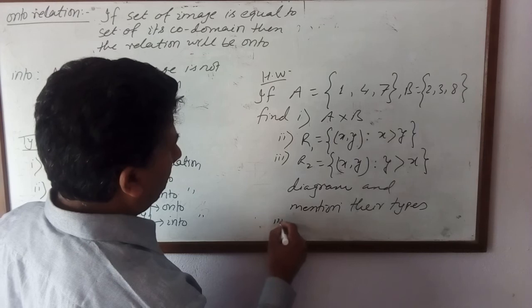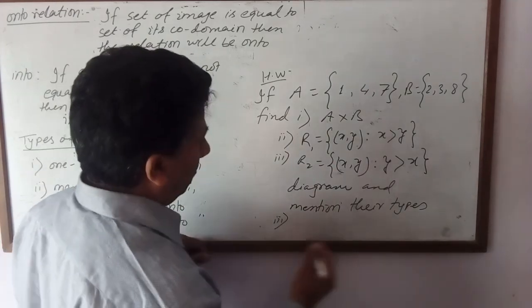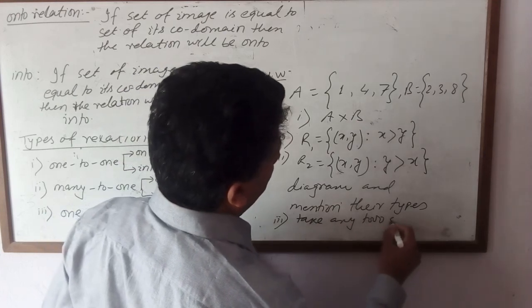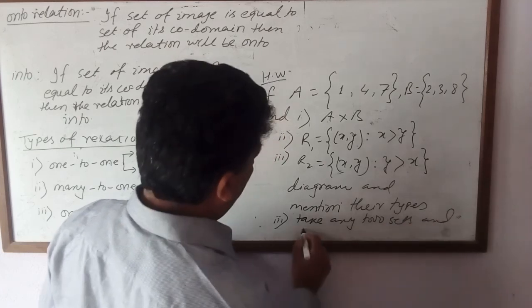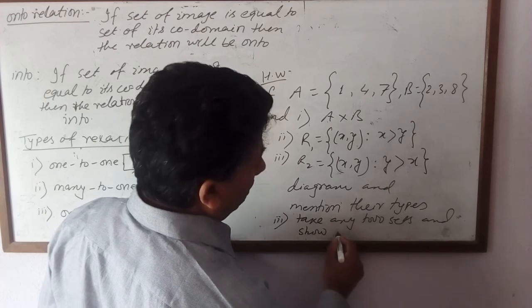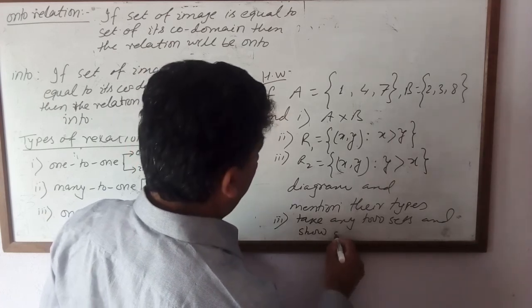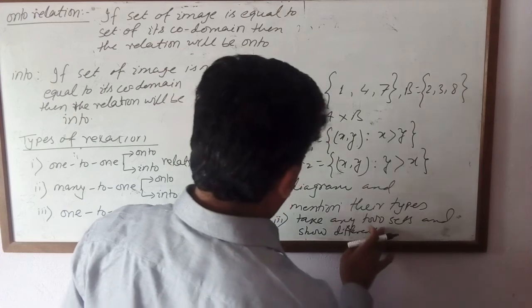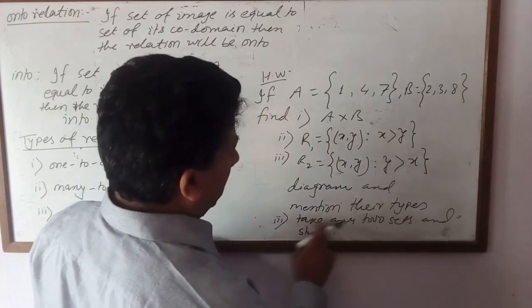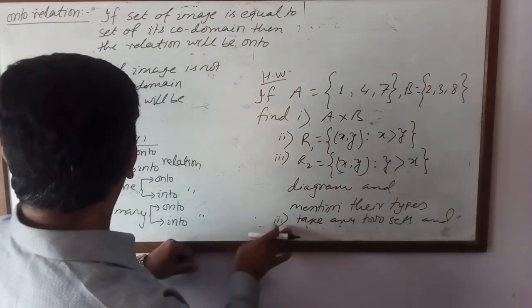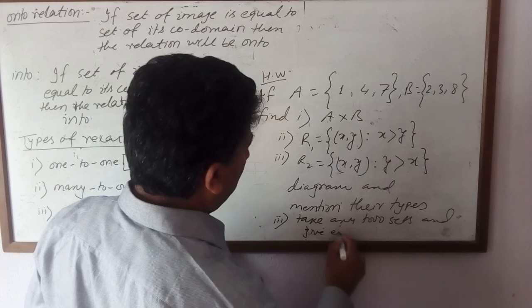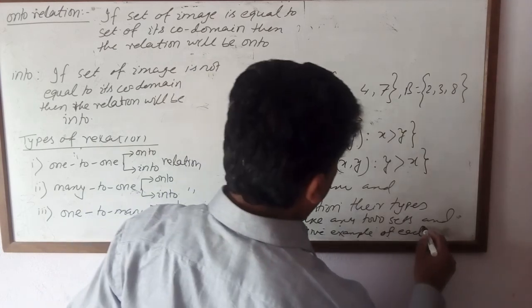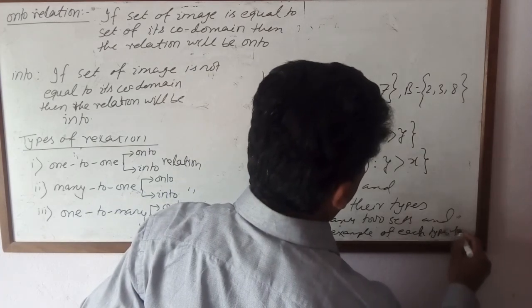And the third one is, take any two sets and give an example of each type of relation.